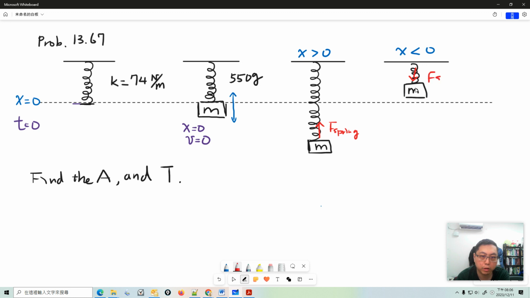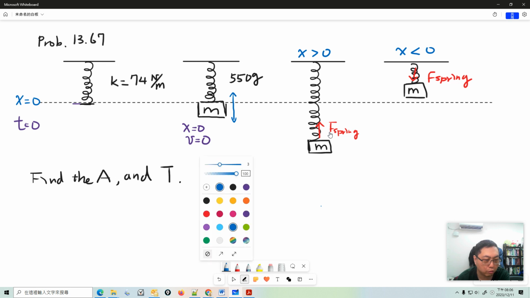It's the same as in simple harmonic oscillation: the force is always opposite to the moving direction. That's the feature of oscillation.